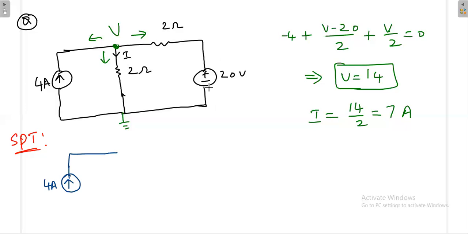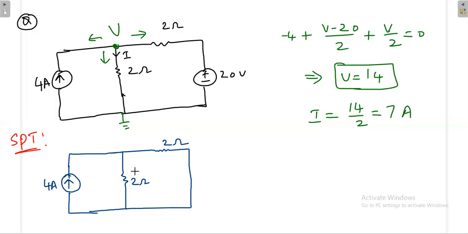Removing the effect of a voltage source means you have to make it a short circuit. It is like this.